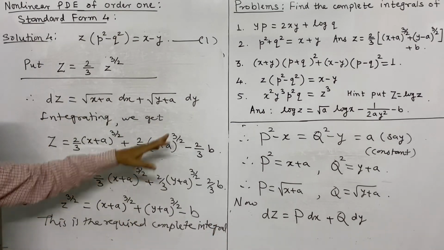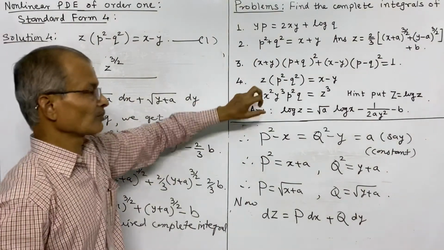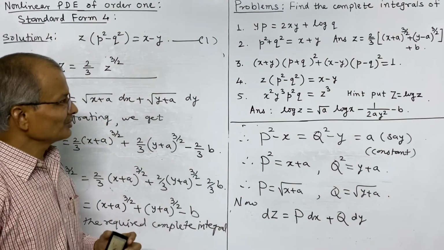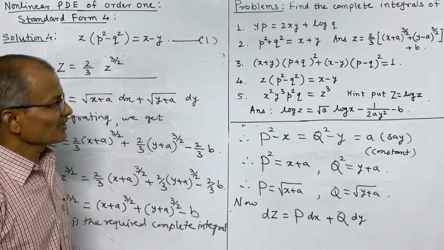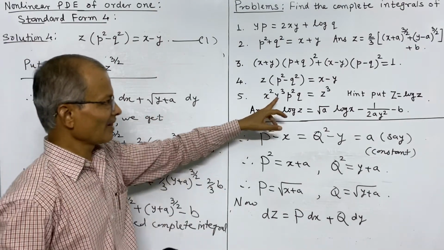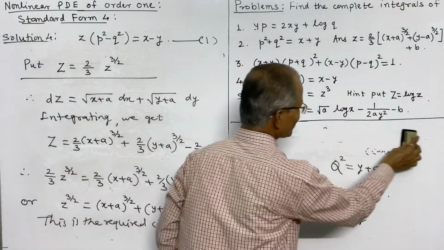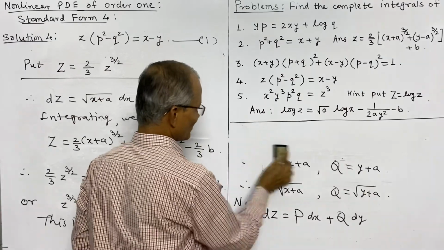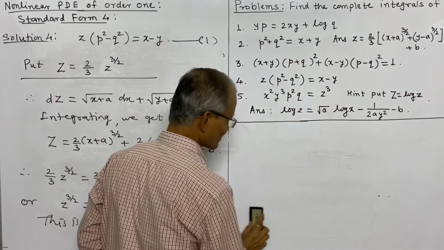And this completes the solution of the problem we have solved, the fourth problem. Now you should try the fifth problem yourself. So here also a substitution is required, and I have written the hint here. The substitution is capital Z is equal to log z, because in that case, what is the derivative of log z?